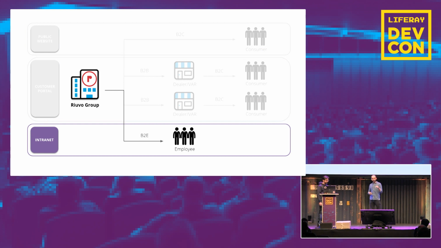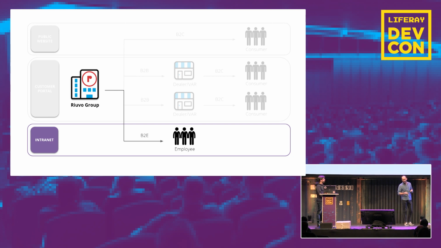Actually, we're going to focus on this last one, the intranet. But we could also have used any kind of experience created with Liferay. This intranet is an employee portal for the thousands of Ryubo workers.